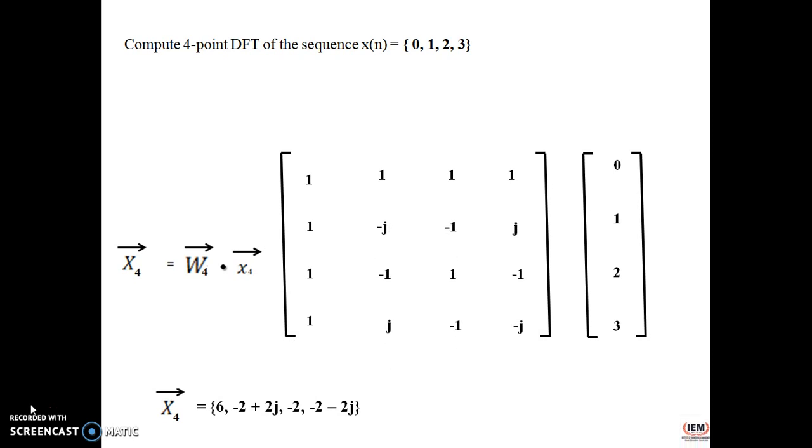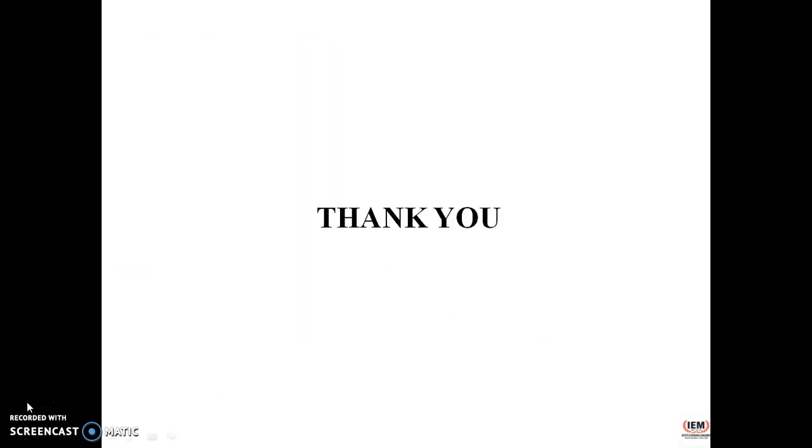As we know, we write down the twiddle factor part, that is the phase part, and for the small xn part we consider 0, 1, 2, 3, and then we multiply with the matrix multiplication method, and finally we get capital X4 equals 6. The next value is minus 2 plus 2j, the next value is minus 2, and lastly the next value is minus 2 minus 2j.